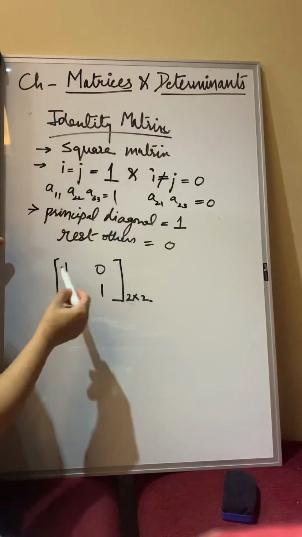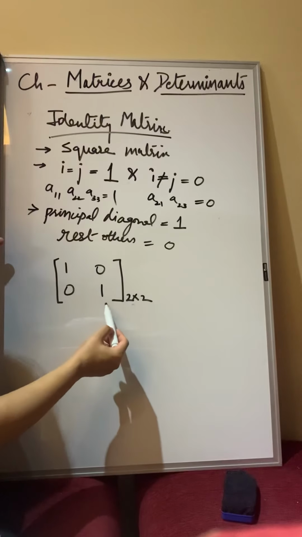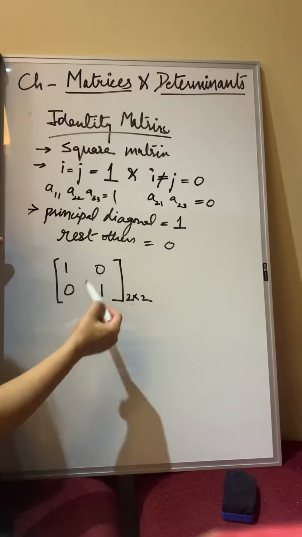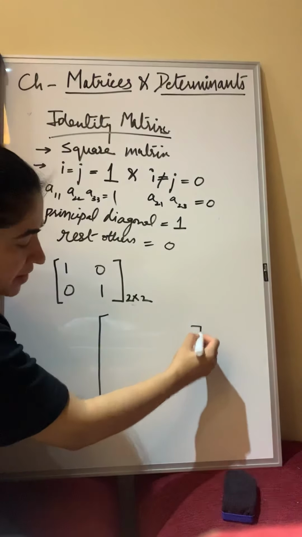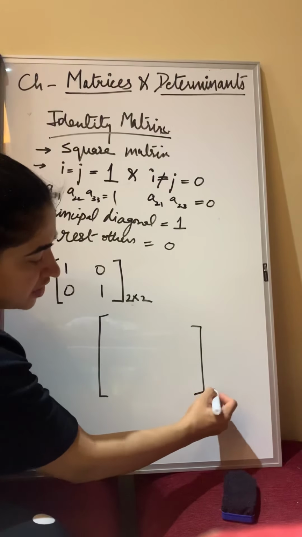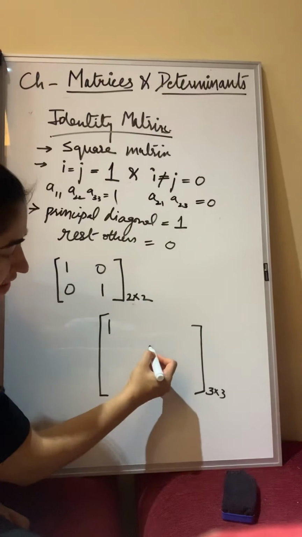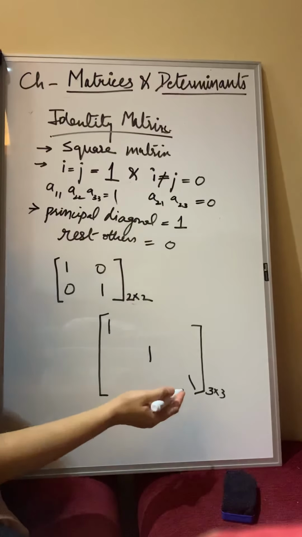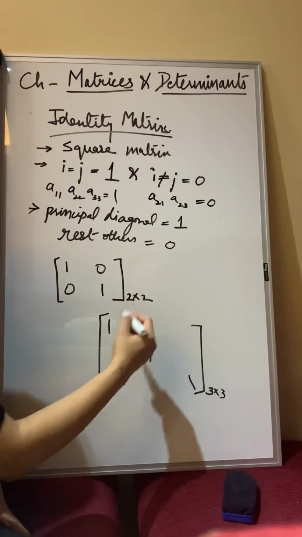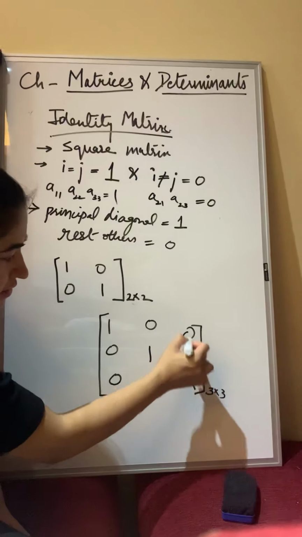Where i is equal to j, this is A11, the value is 1, A22 value is 1, the rest are 0. Now I am taking the square matrix of order 3:3. The matrix will be like this: 1, 1, 1 on the principal diagonal, and the rest will all have the value 0.